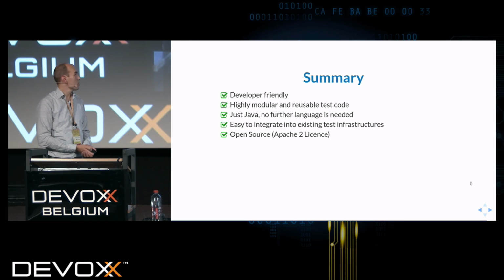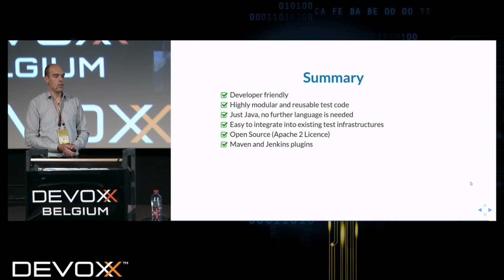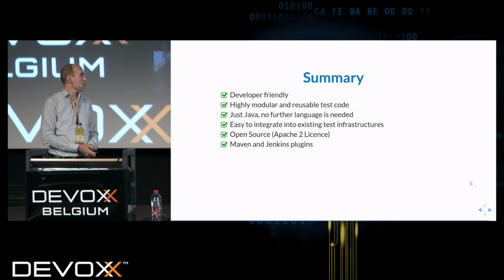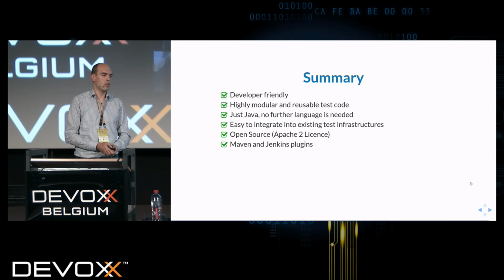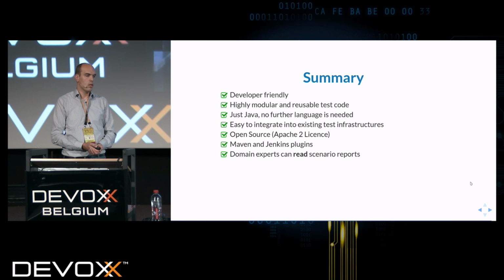It's actually open source, under the Apache 2 license, so you can just download it and use it immediately. There are Maven and Jenkins plugins, and there is also a Gradle plugin currently under development, but you can also just call the HTML reporter. It's just a Java file which you can execute.